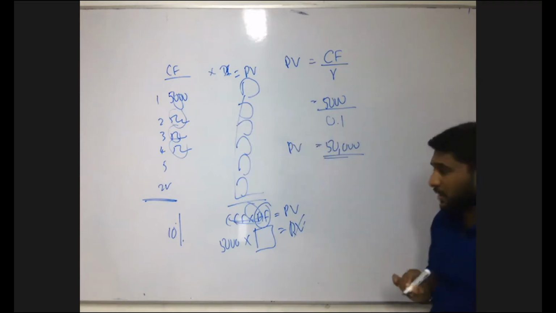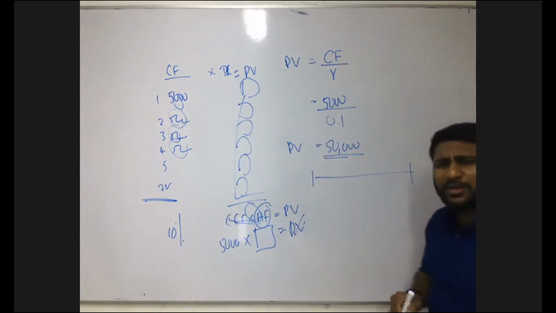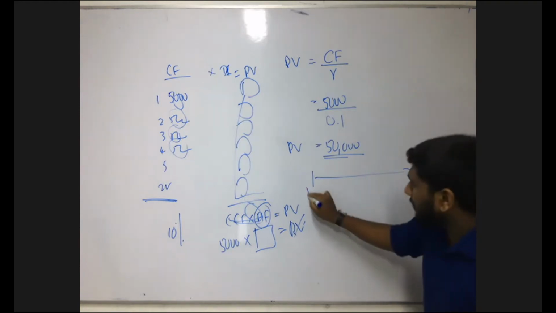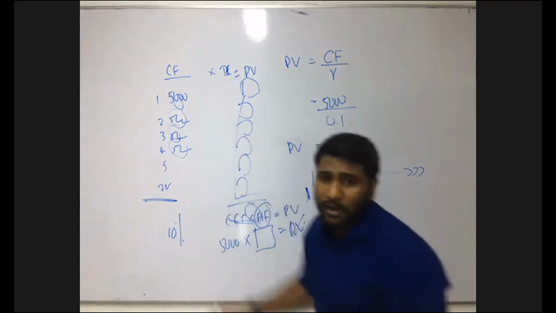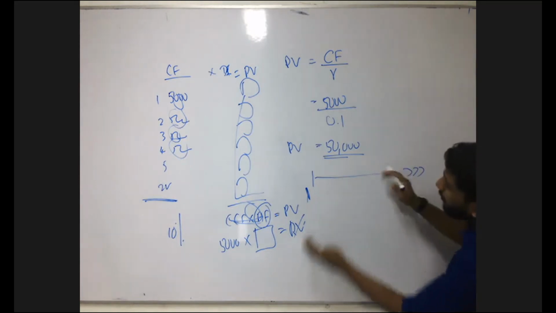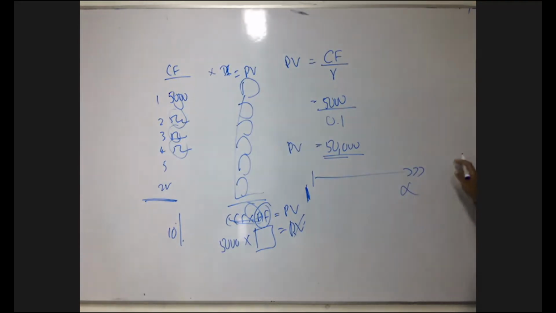The present value of the cash flow is 50,000 US dollars. Now here in this question, you will get 5,000, 5,000, 5,000 every year from year 1, for the foreseeable future, for the perpetuity, for the infinity. You don't know the end point. Then what is the present value of all the 5,000s that you are getting from year 1 for the foreseeable future?